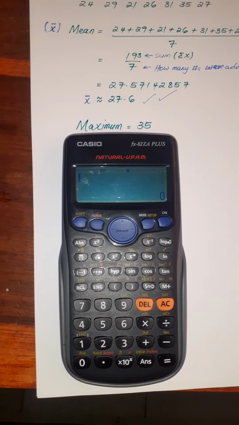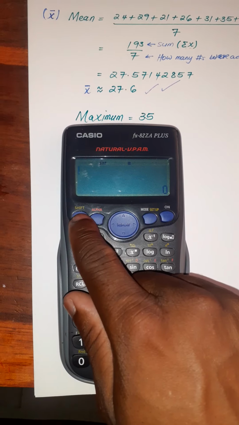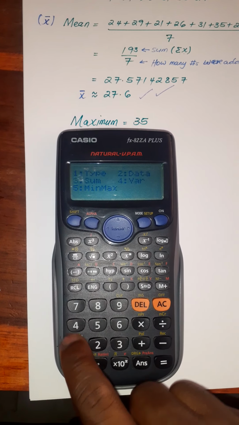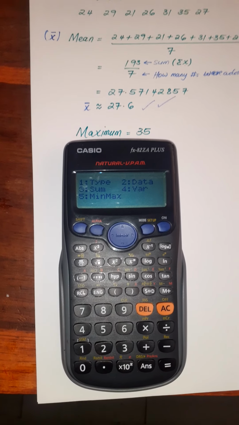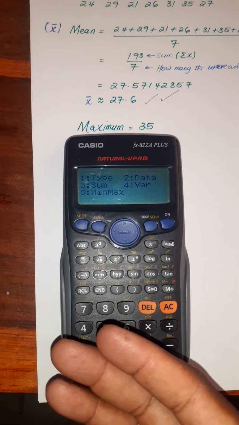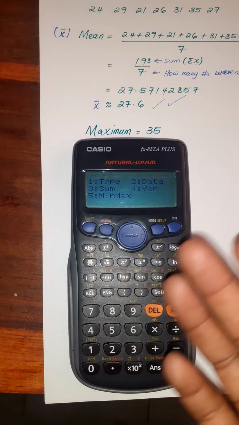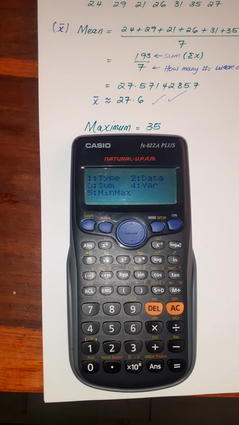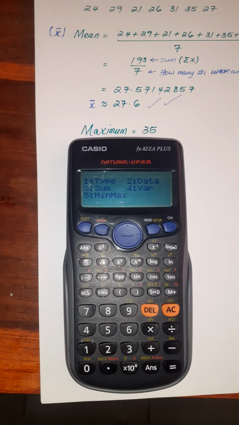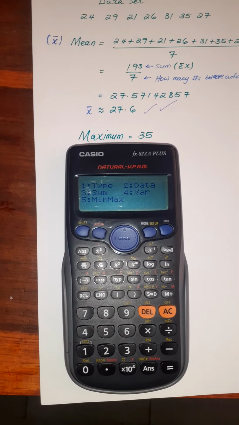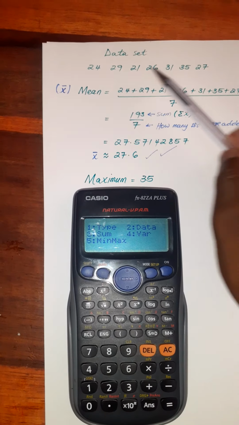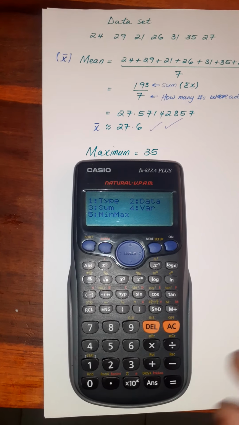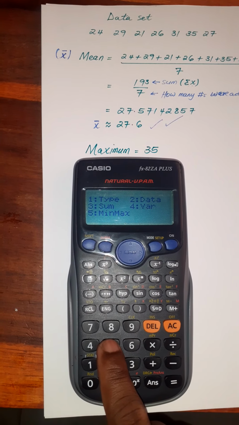What else can we get here? Let's press shift and see some other options that are coming up. Okay, we are done with the sum, the mean, and the number of elements that we entered in the calculator. We can also check among these numbers which is the maximum and which is the minimum, and that is option 5.